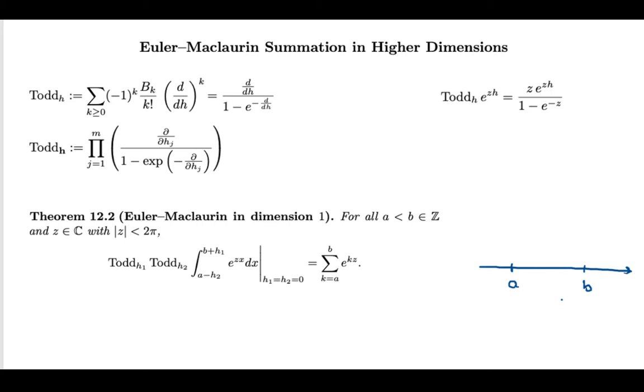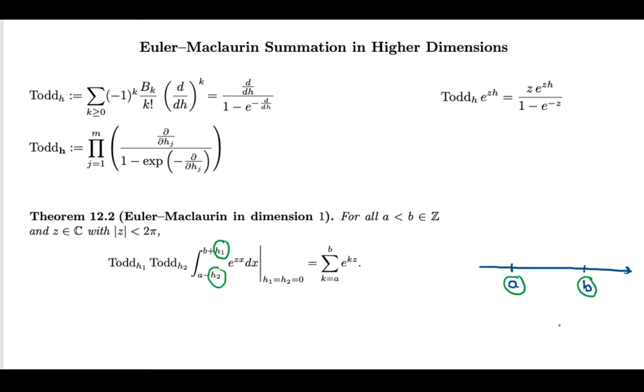In both cases, we use an exponential variable. And you can think of these perturbation variables, h1 and h2, as perturbing the endpoints of our interval. So in one dimension, those are the facets of my one-dimensional polytope.